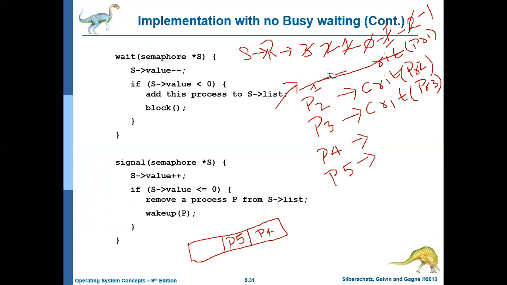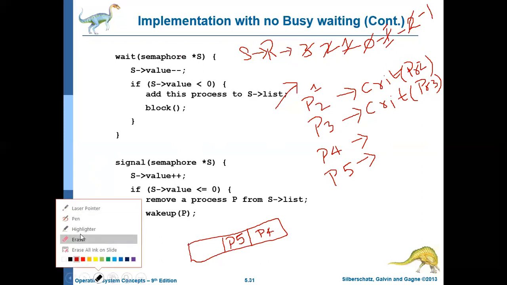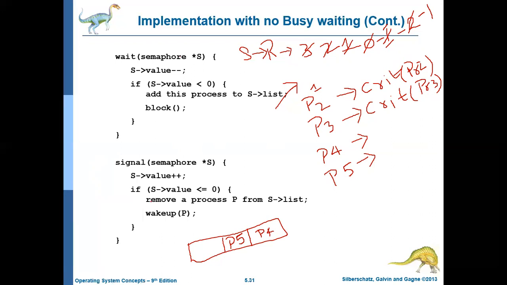After that it checks whether the s value is less than or equal to 0 or not. No, still it is not less than or equal to 0. Still all the resources are not available. It is still -1.